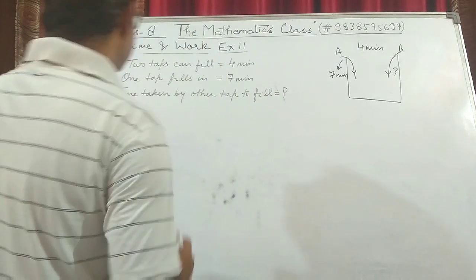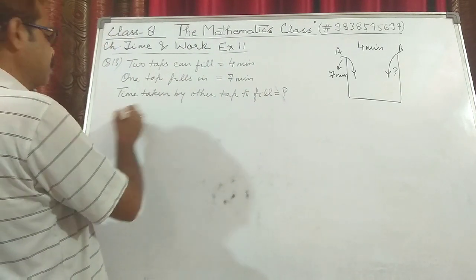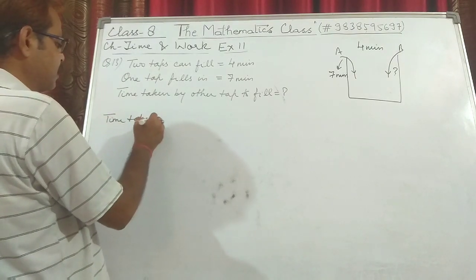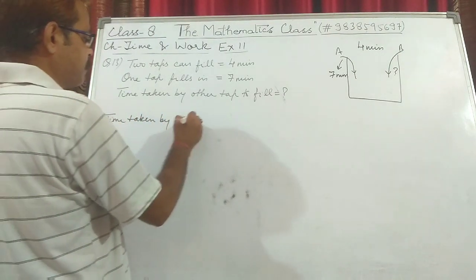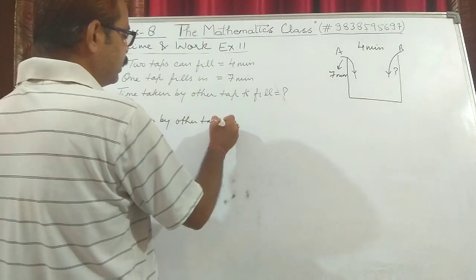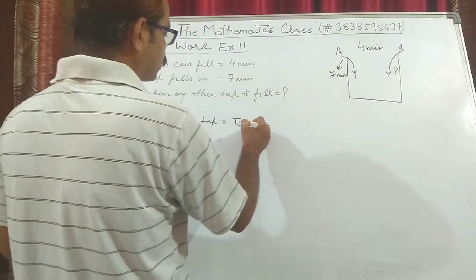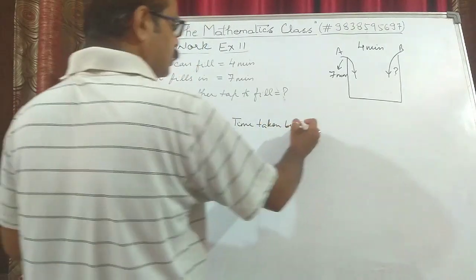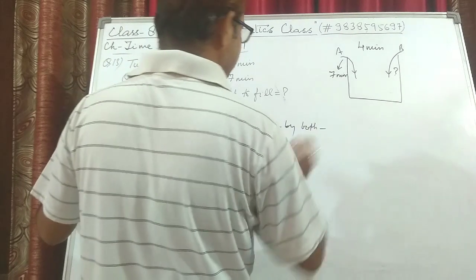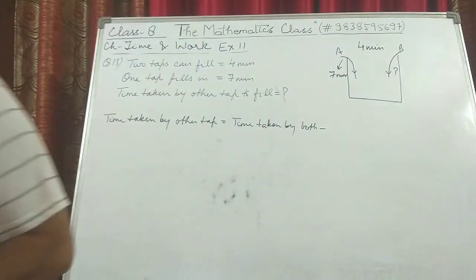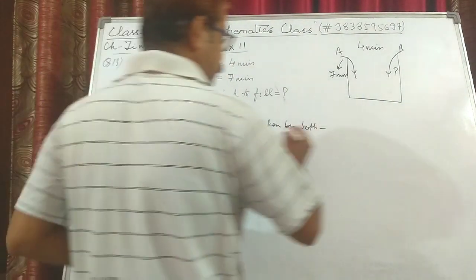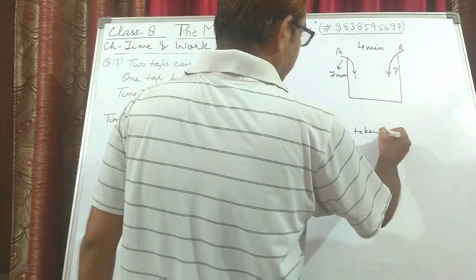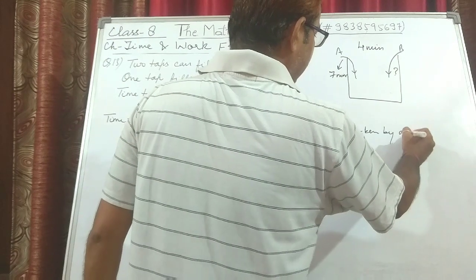You have to find how long will B alone take to fill this tub. So very simple, time taken by B or simply time taken by other tap will be time taken by both minus time taken by one tap.